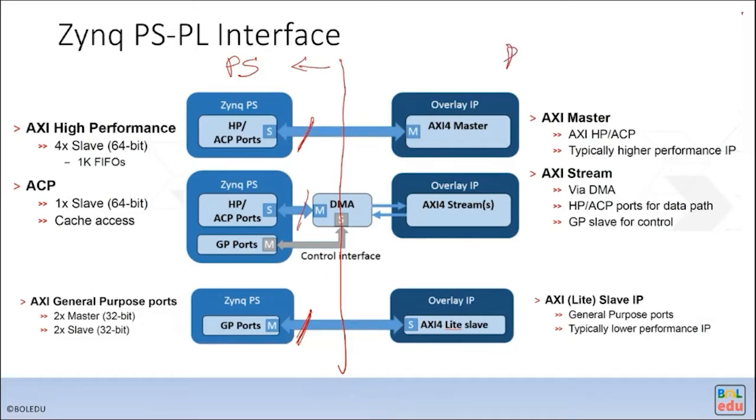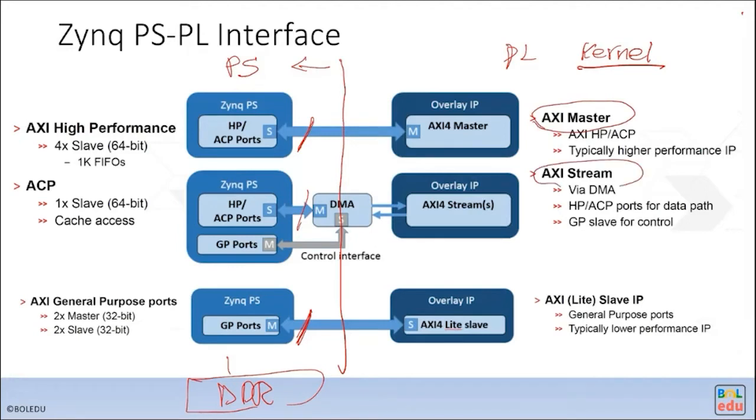On the PL side is where your kernel function is. For the kernel function to do data movement from the host DDR memory, which is located on the PS side, you have two ways: you run the AXI master or streaming.